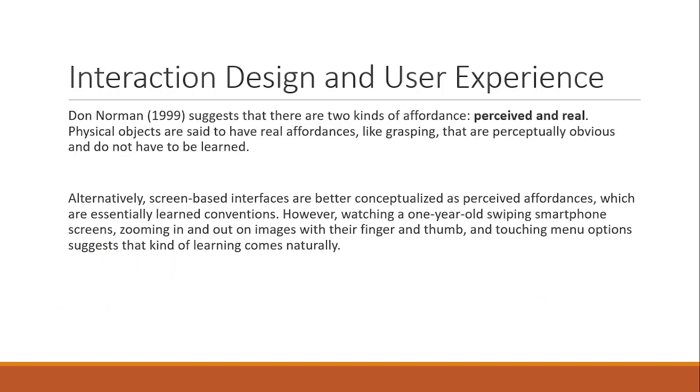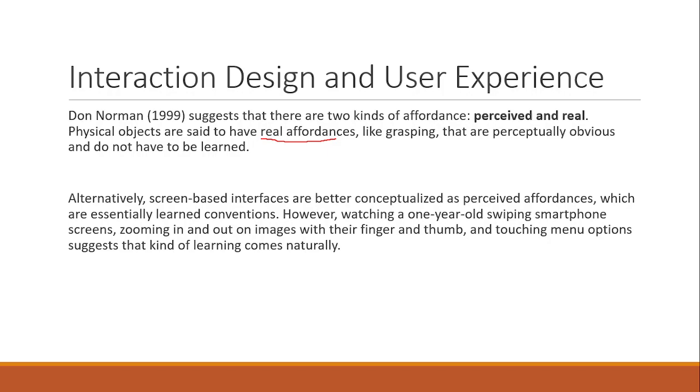So Don Norman suggests that there are two kinds of affordance. So we have perceived and real. So physical objects are said to have real affordances, diba? Real affordances, so real nga actions like grasping that are perceptually obvious and do not have to be learned. In contrast, user interfaces that are screen-based are virtual and do not have this kind of real affordances.